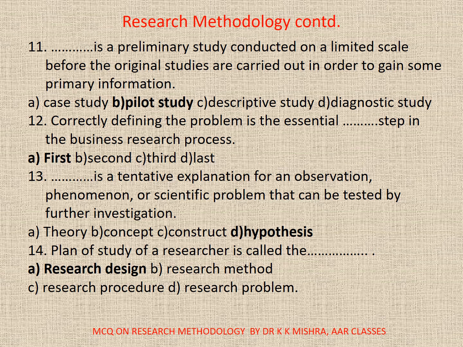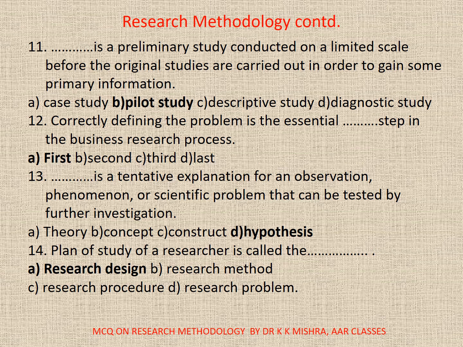12. Correctly defining the problem is essential dash step in the business research process. A. First. B. Second. C. Third. D. Last. Correct option is A. First. 13. Dash is a tentative explanation for an observation phenomenon or a scientific problem that can be tested by further investigation.